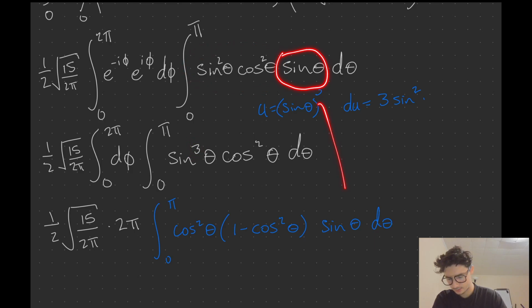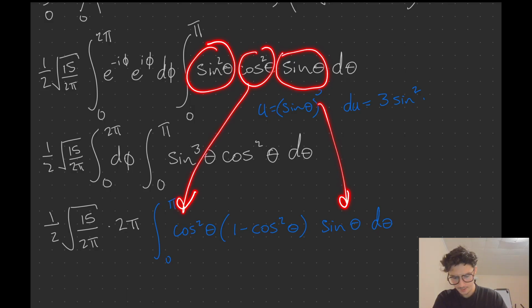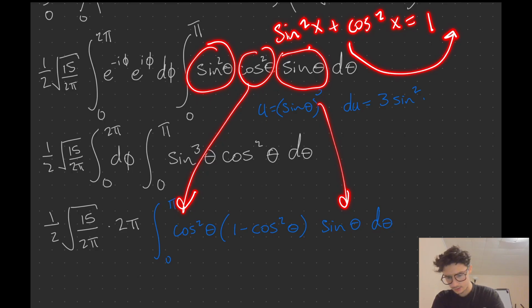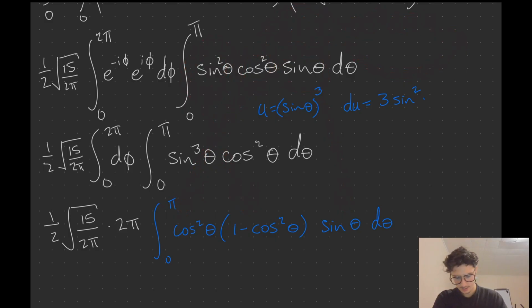This sine theta stays on the outside. This cosine stays on the outside. This guy, sine squared x plus cosine squared x equals 1. Move this to the other side and you get sine squared x. Replace this sine squared x into that. Then you distribute this over here and over here. Then what do we have?